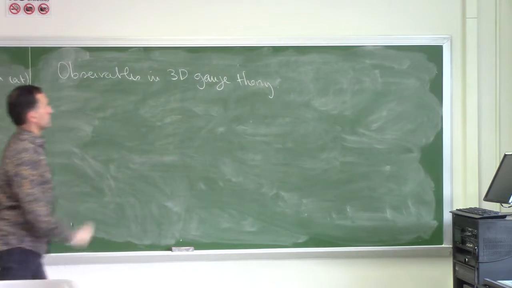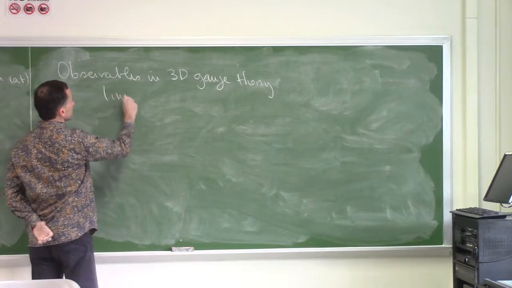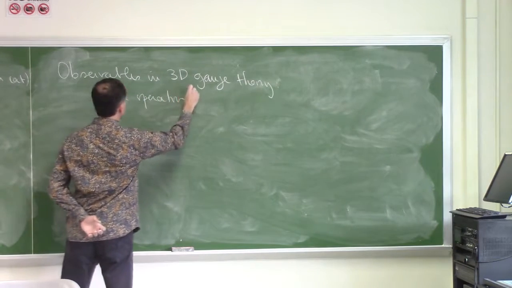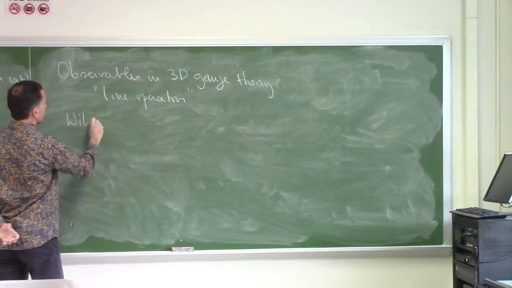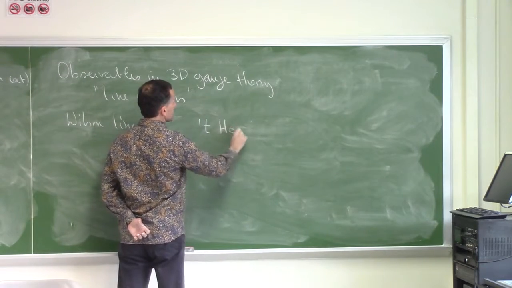There are no point observables, there are no fields you can put at a point to compute something. There are line observables. There are Wilson lines. 't Hooft lines.